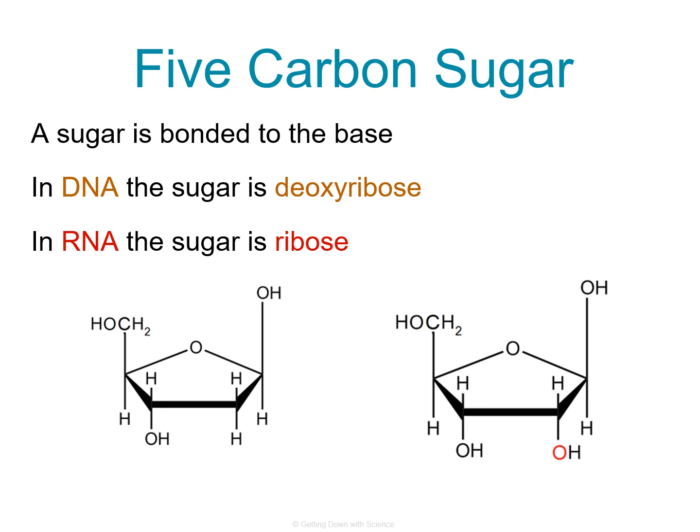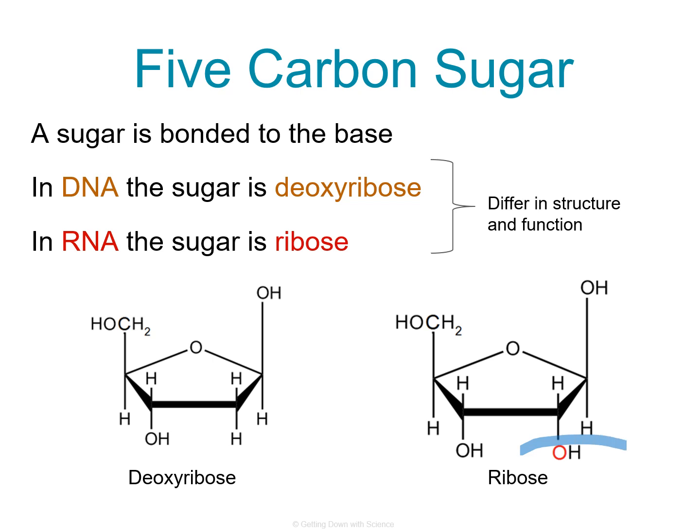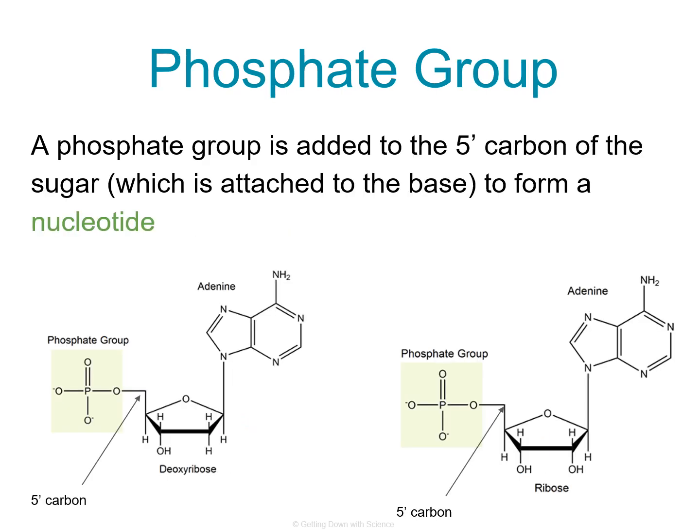In RNA, it's a ribose sugar. You can tell the different sugars because RNA, once again, has an extra oxygen, while DNA is missing that oxygen here. Since they differ in structure, they are going to differ in function.